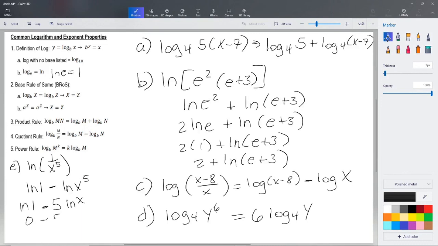And so we're going to have 0 minus 5 times natural log of x, and we really don't need that 0. So the best way to write this is just to say minus 5 natural log of x. And we found yet another truism here, which is that any log base to 1 is always the same thing as 0. So that's another great thing that we just found as part of our work here on example 10.